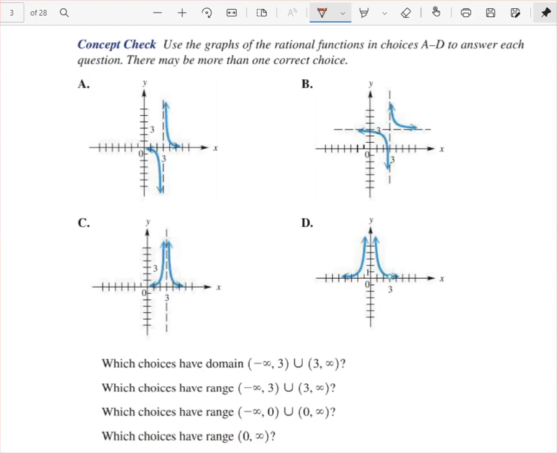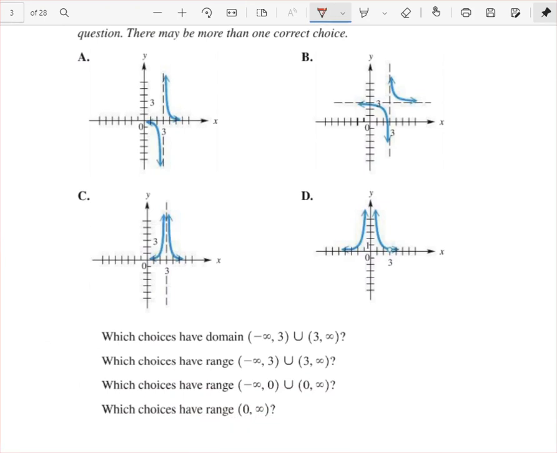Use the graphs of the rational functions in these choices to answer each question. There may be more than one correct answer. Which of these has a domain between negative infinity and 3, and then from 3 to infinity? So we're looking at who has an asymptote at 3. You can see here that it's broken up at x equals 3, so it's letter C. This one is open at 3, but it also has an asymptote at 0.